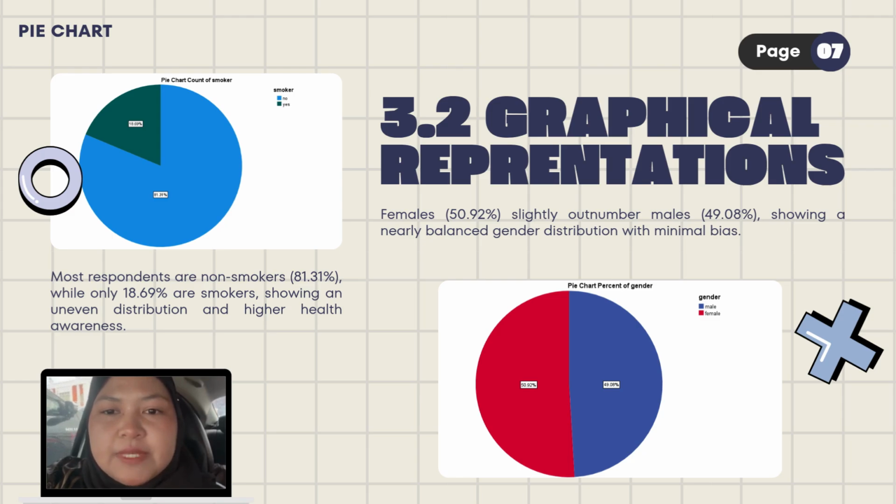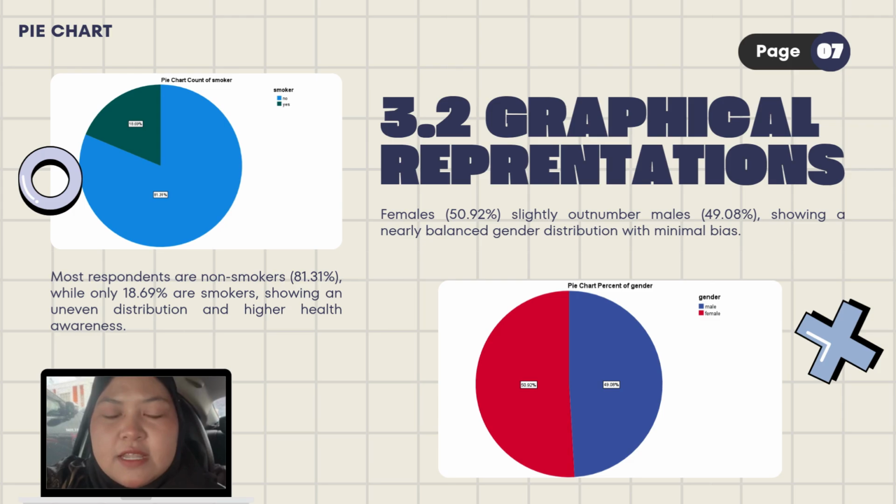In this section, I will explain the graphical representations used in our analysis. First, we look at the pie chart for smoker status. The chart shows that the majority of respondents are non-smokers, making up 81.31% of the data, while only 18.69% are smokers. This indicates that most individuals in the dataset do not smoke, and the distribution between smokers and non-smokers is clearly uneven.